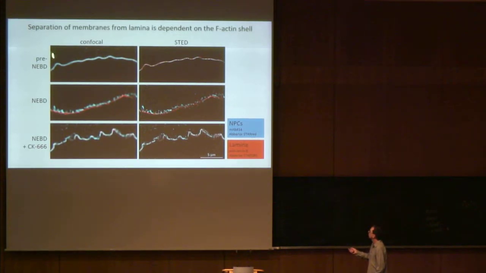Just to make it clear again, at the level of confocal microscopy and also at the level of STED, before nuclear envelope breakdown, we cannot resolve the lamina from the nuclear membranes because they should be around 50 nanometers apart, which even by STED we cannot resolve. In comparison, when the nuclear envelope breaks, you clearly see that these pore-containing membrane fragments separate spatially from the lamina. And this is dependent on this actin shell, because if we inhibit the actin shell, lamina and nuclear pores still co-localize.